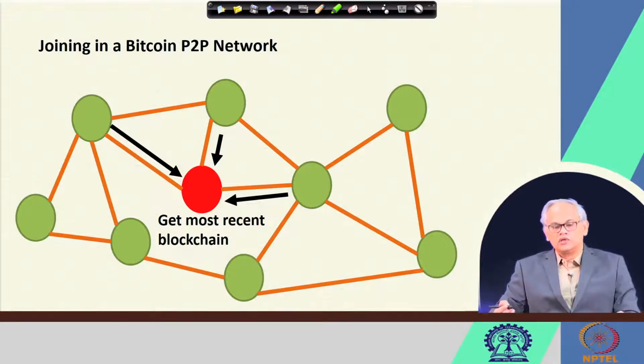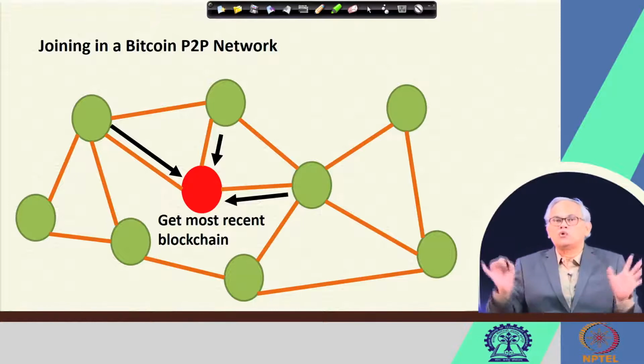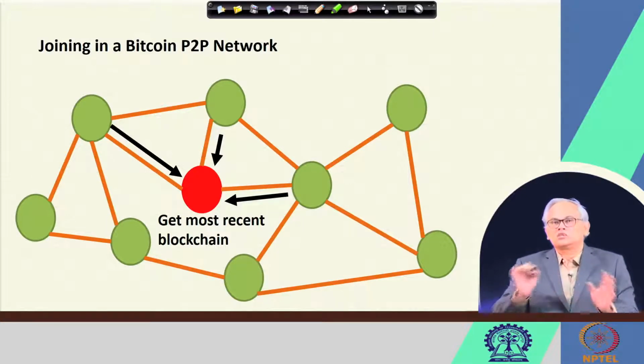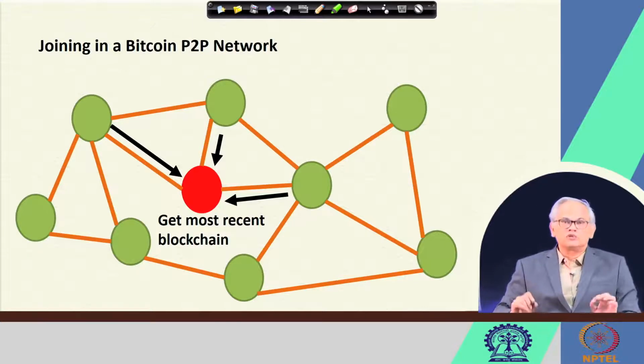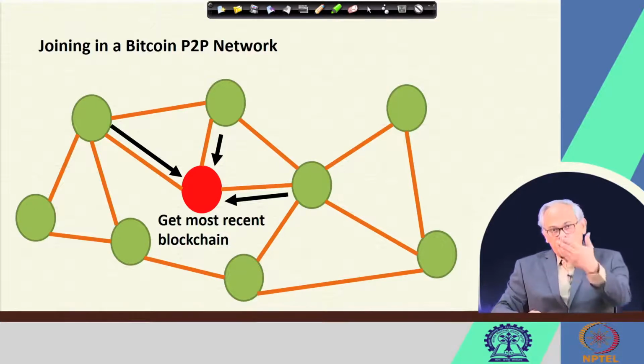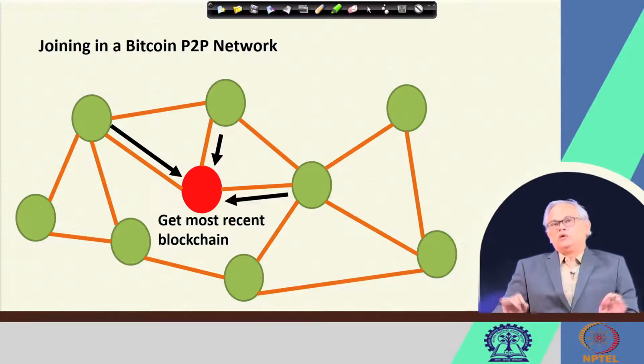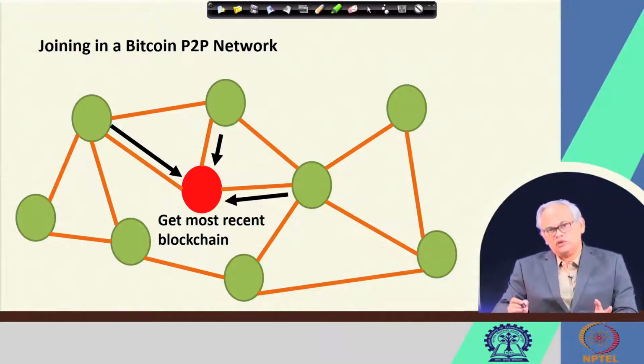It will ask its neighbors and get the most recent blockchain, and once it gets it, it is at par with all the existing nodes, the thousands of existing nodes in the Bitcoin network. So, now this red node, which is the new node, maybe your node, is one of the valid nodes in the Bitcoin network. It is that simple, and you can actually try it out yourself also.